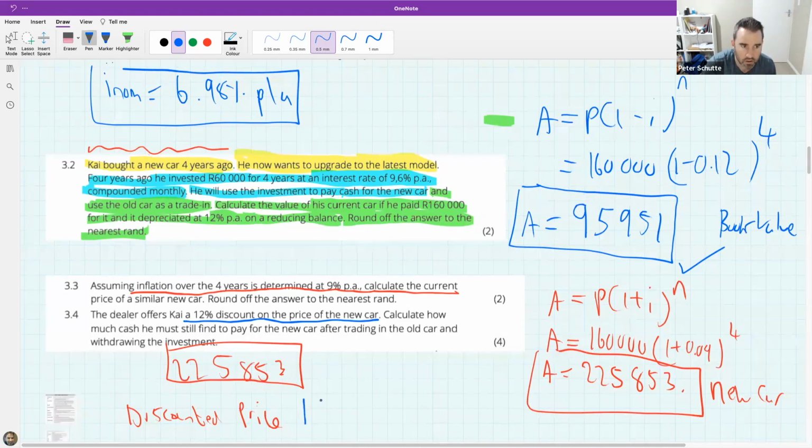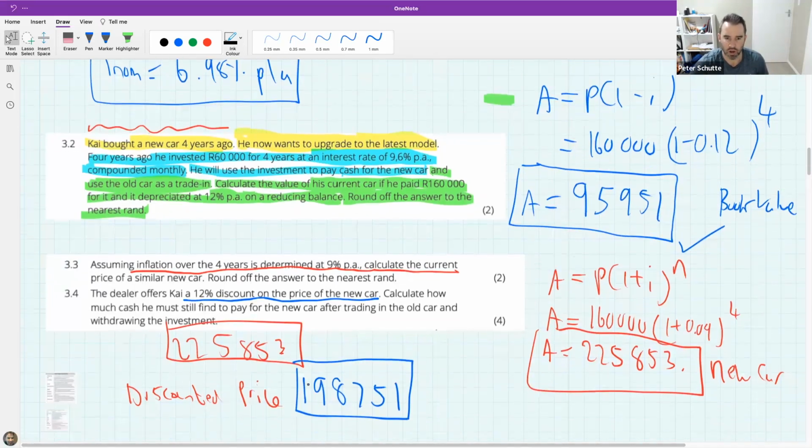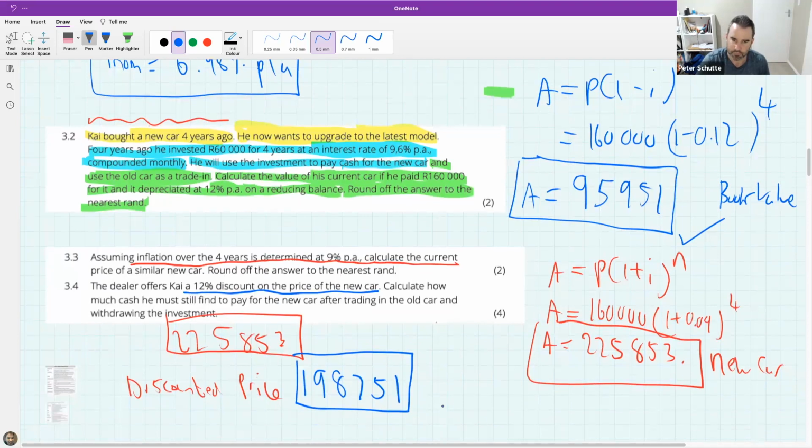I get 198,751 when I round off. So that is the new car price: if he wants to buy a new car, that's what he has to pay.